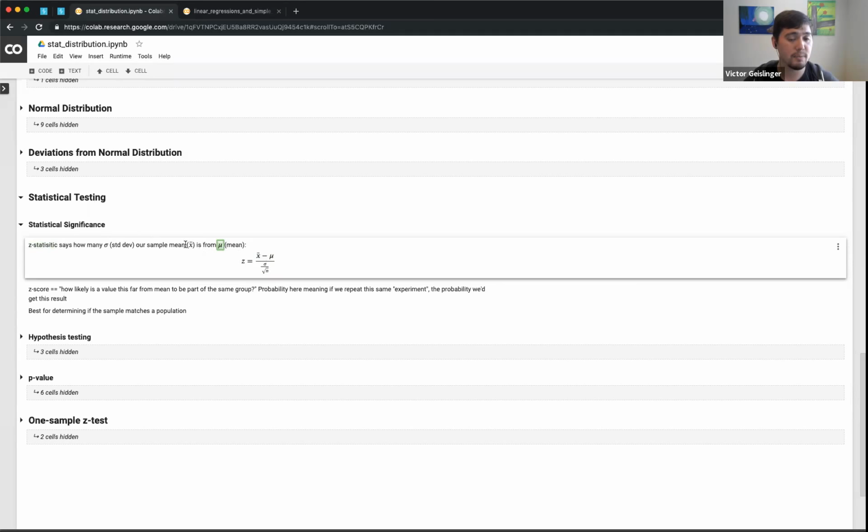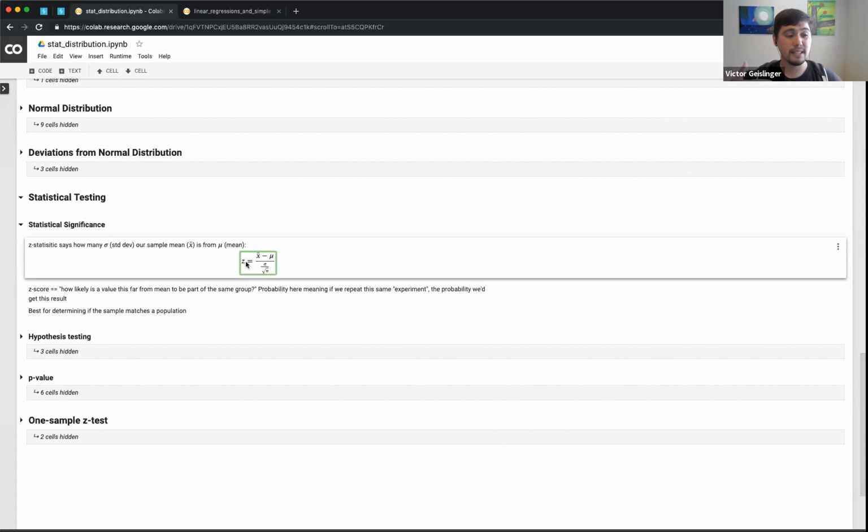You usually see your sample mean as X bar, but you'll sometimes see different notations, so just be aware. This is one of the reasons why we divide by the square root of n: we are looking at a sample, not the full population, but a small segment of the population. So this Z-statistic tells us how many standard deviations we are from the population mean.